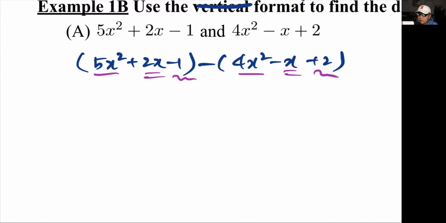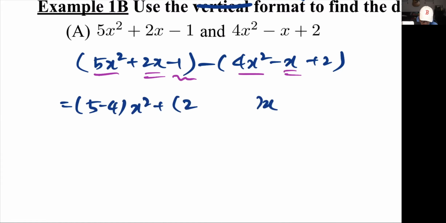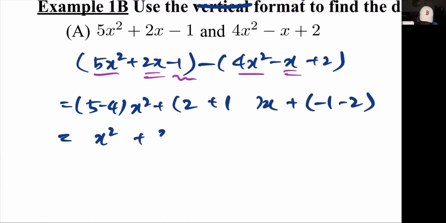So here we go. That's a 5 minus 4 x squared. The x is a 2 minus minus 1, which is plus 1. And then the last one is minus 1 minus minus 2, right? So which gives me x squared plus 3x minus 3.